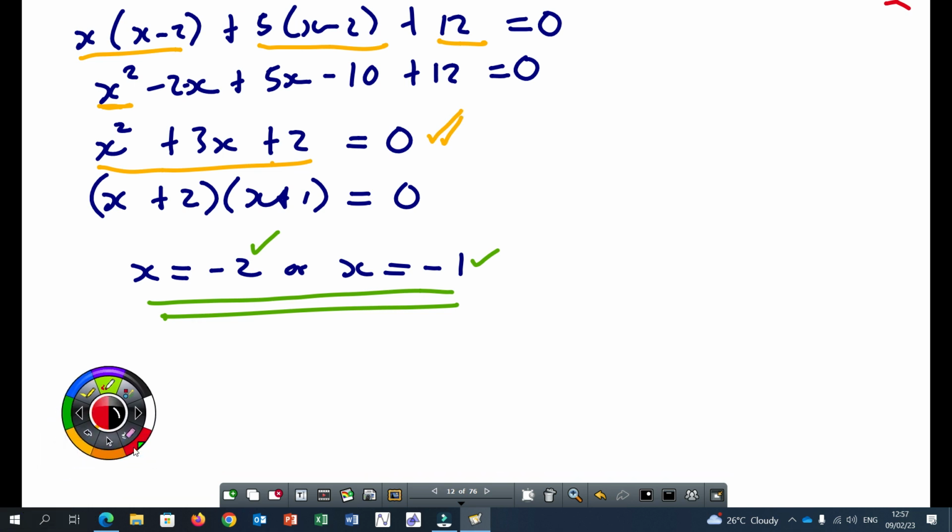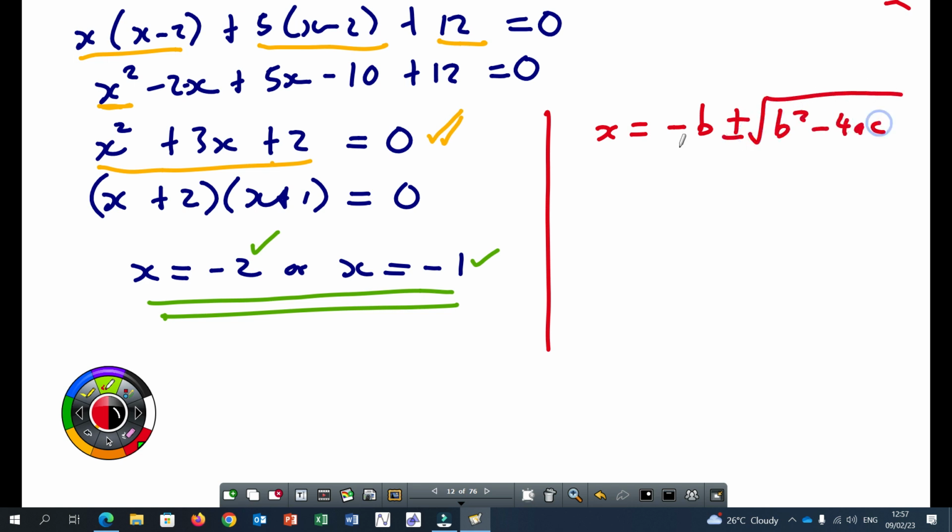Okay? So here, you write the formula, the quadratic formula: x equals minus b plus or minus the square root of b squared minus 4ac, all over 2a. Our b is positive 3, so that will be 3 squared.